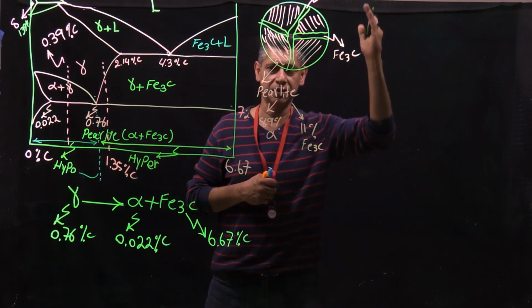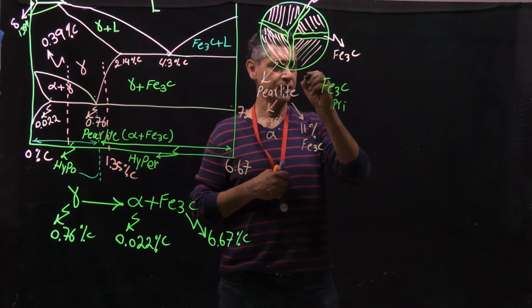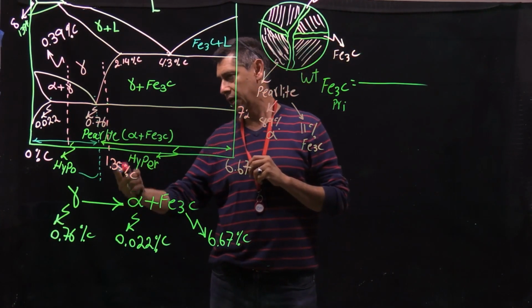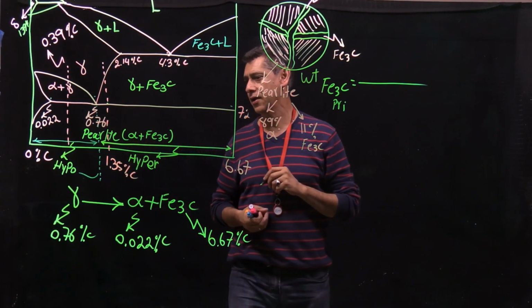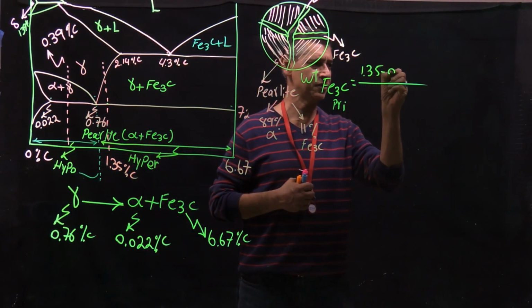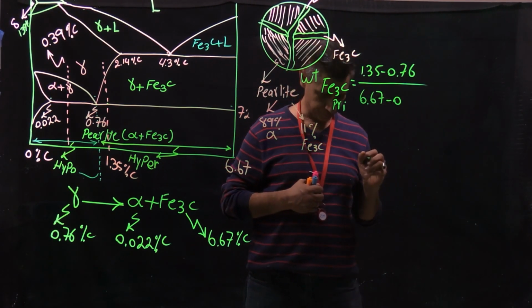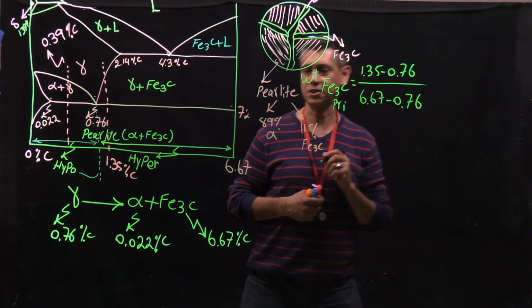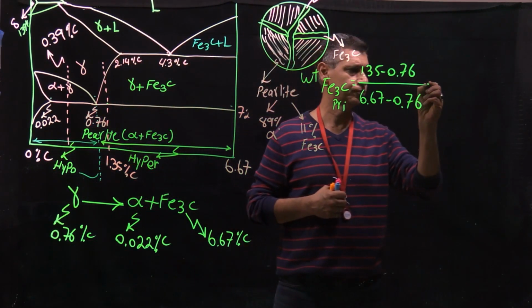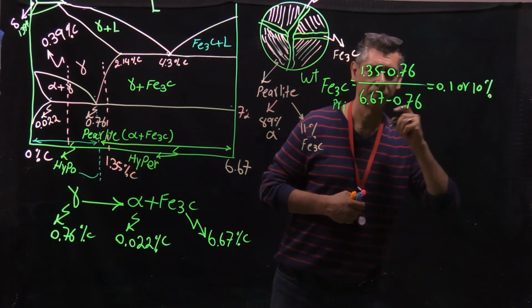So I write here, cementite primary, the weight percent of it is equal to, the carbon content was 1.35, so it's going to be 1.35 minus 0.76 divided by 6.67 minus 0.76. And this value would be 0.1 or 10%.